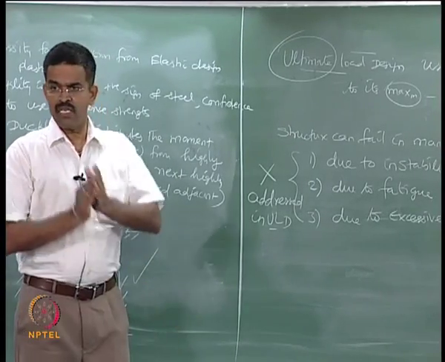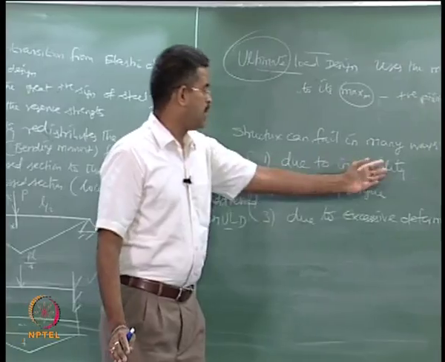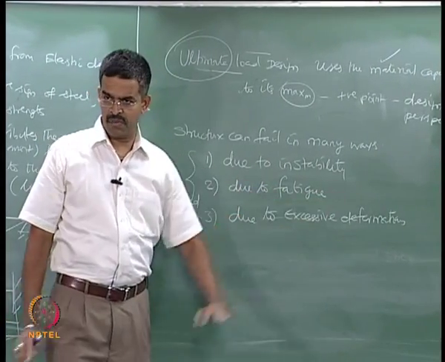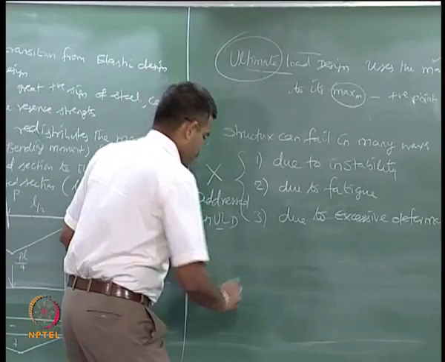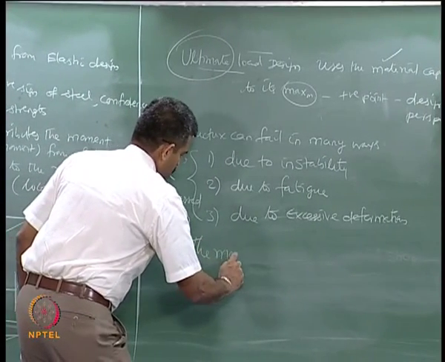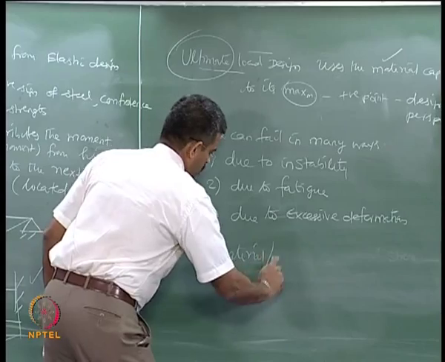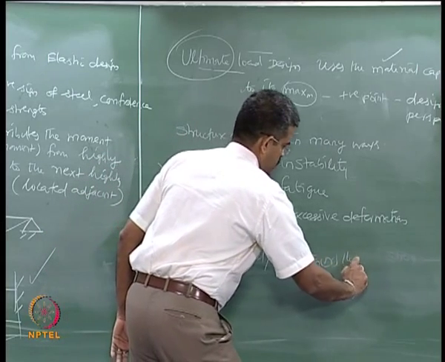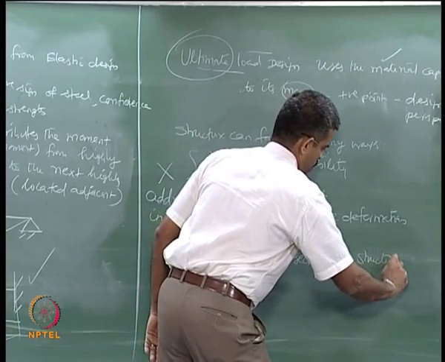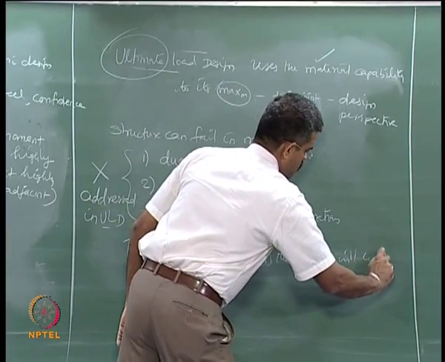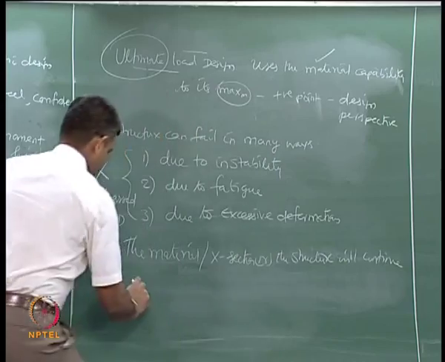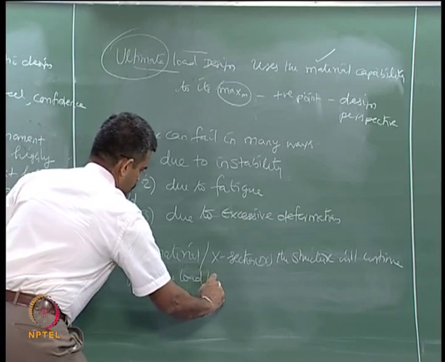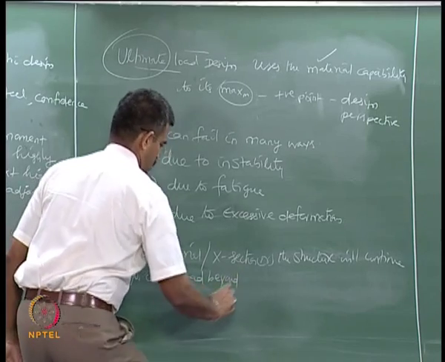Then the structure does not fail either by instability, fatigue, or excessive deformation, then the material or the cross section or the structure as a whole will continue to carry load beyond yield point.